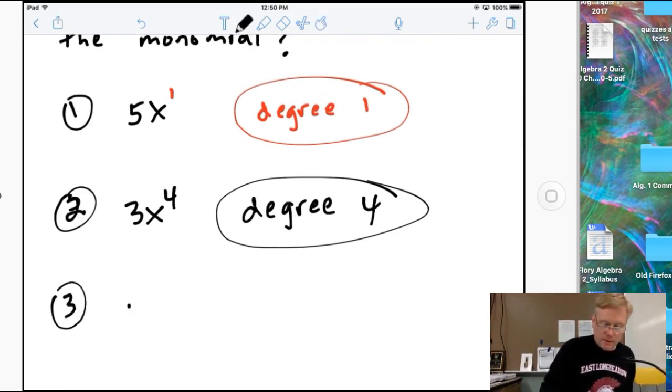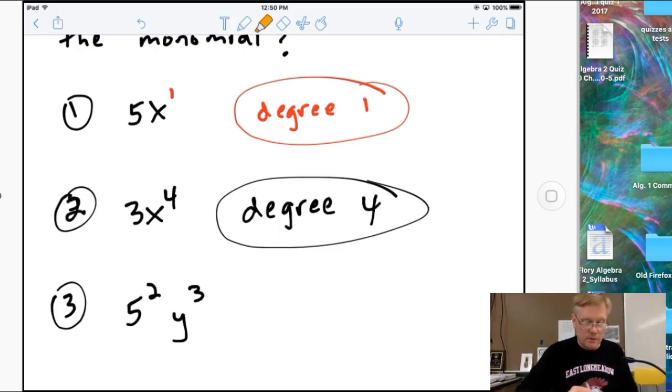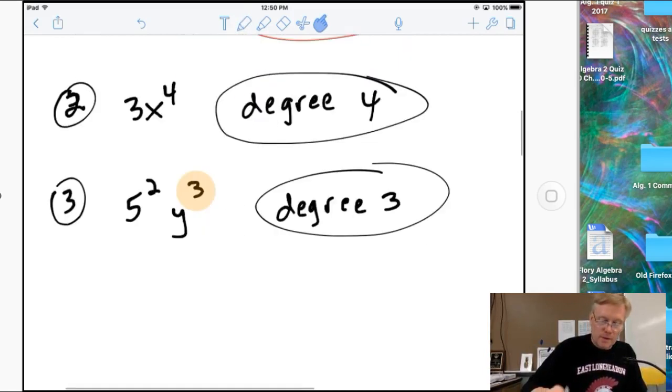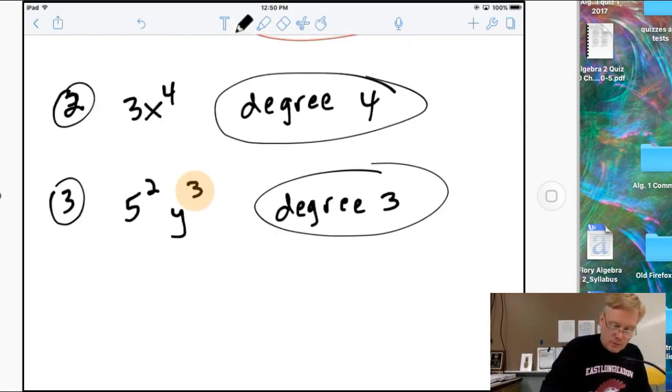If I had something like this, you don't see this very often, but the fact that there's an exponent of 2 on the 5 doesn't matter. The only one that matters is that 3 there, which means this has a degree of 3. Those are the most common kind of problems you see. Occasionally, you might see one where I've got two variables.